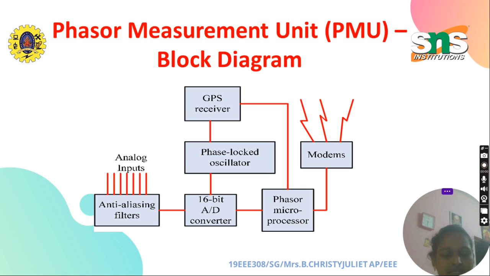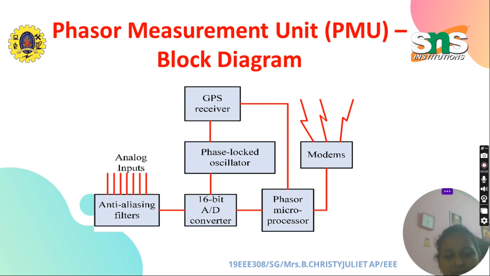It is given to the phase locked oscillator, where the data are compared, and once matched, the oscillator locks the phase values, which are converted by a 16-bit analog to digital converter. The same GPS receiver provides the phasor microprocessor signals, which are combined with the analog to digital converters.